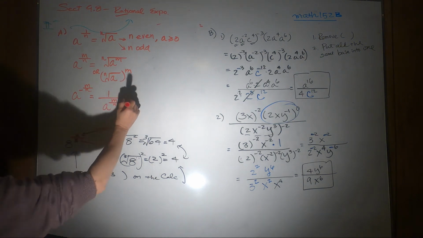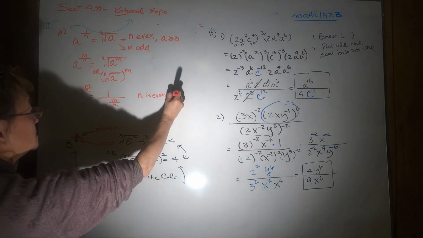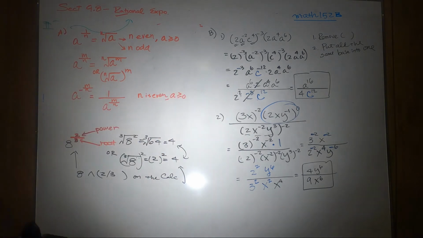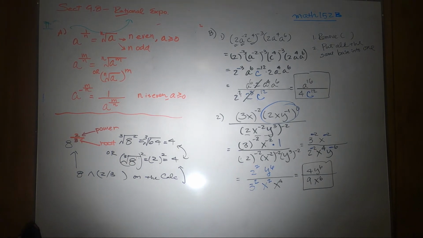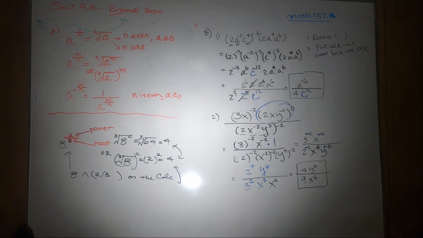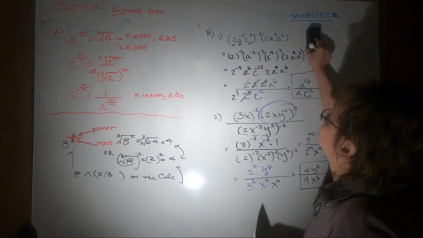Then same restriction, if n is even, then a has to be greater than or equal to 0, right? So that would be the concepts and definitions of the fractional exponents, right? So we call them what? Rational exponents.